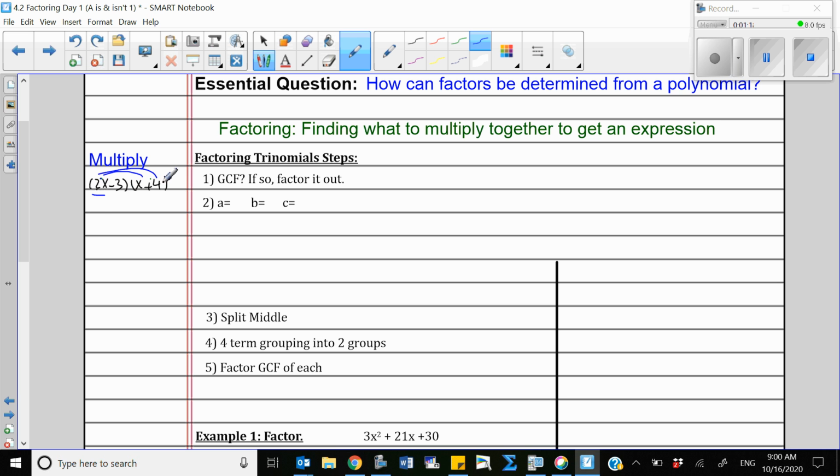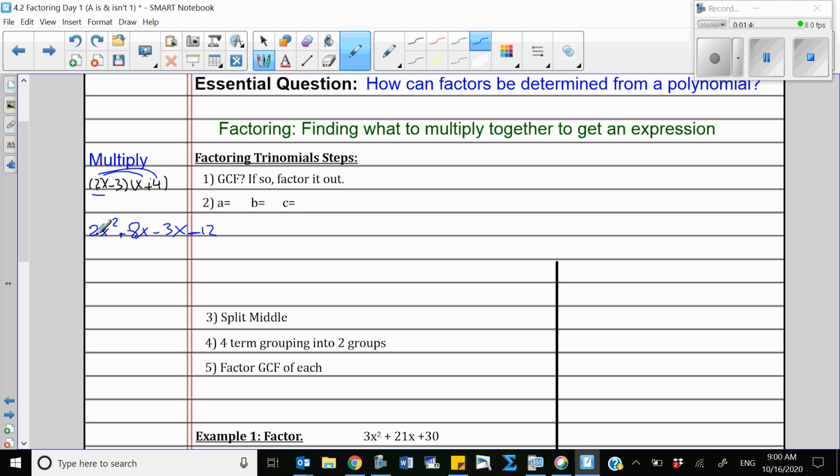So 2x times x is 2x squared. 2x times 4 is 8x. Negative 3 times x is negative 3x, and negative 3 times 4 is a negative 12. Then I need to simplify this.